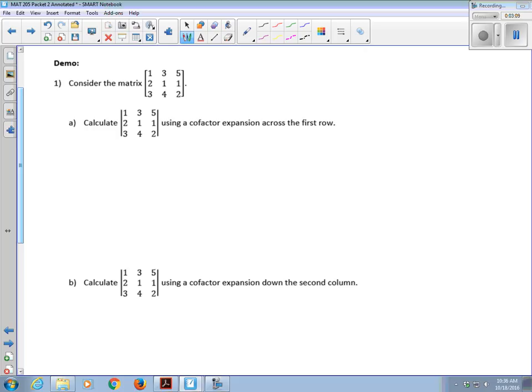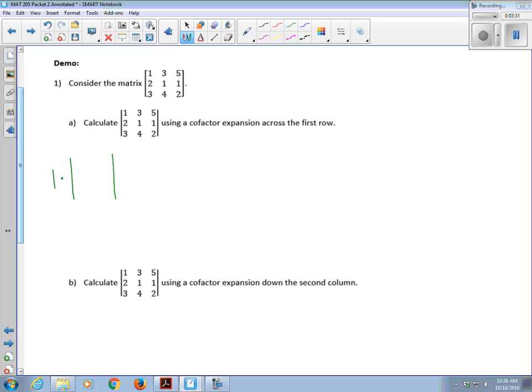If we're going to go across the first row, that means take each entry from the first row, and you're going to multiply by the determinant of some 2 by 2 matrix. You start with the first entry, which is a 1. When you're using an odd row or column, you start with a positive first term.